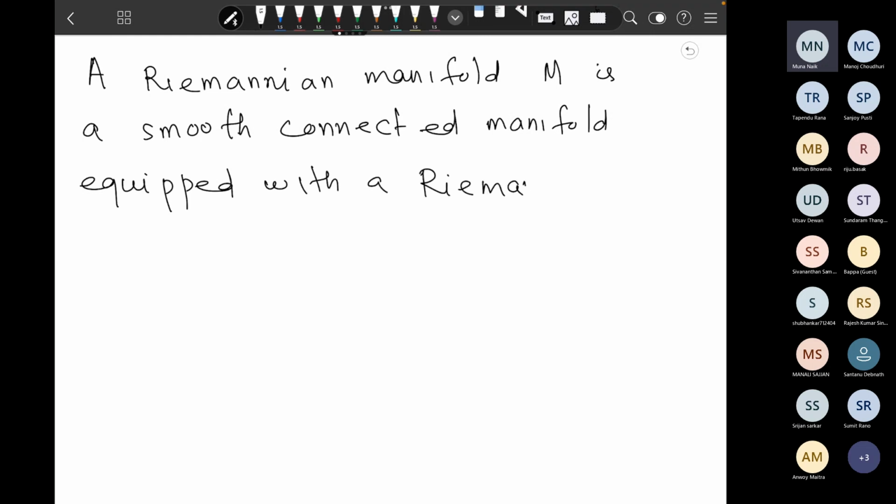Connectedness I am throwing into the hypothesis.